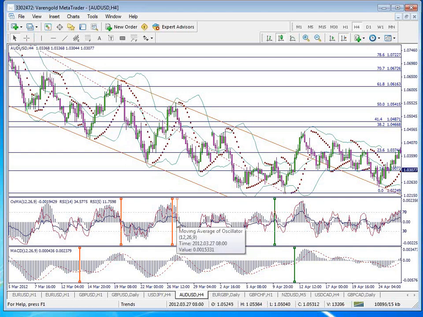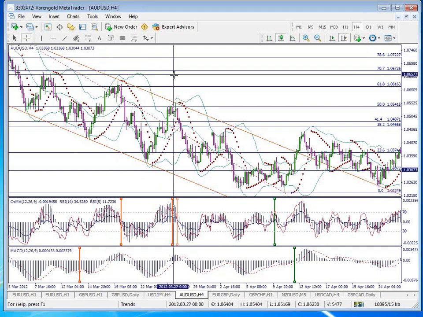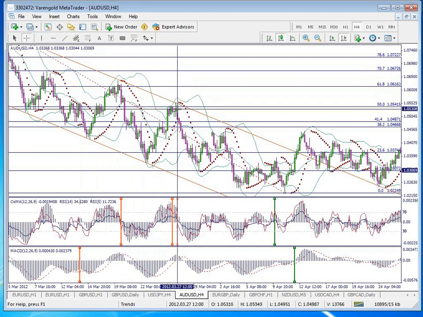This will be the signal for my entry. Also, here I have a confirmation probably after other 4 hours because we have a little delay between the signals. So, in this point, I can go for a short position.